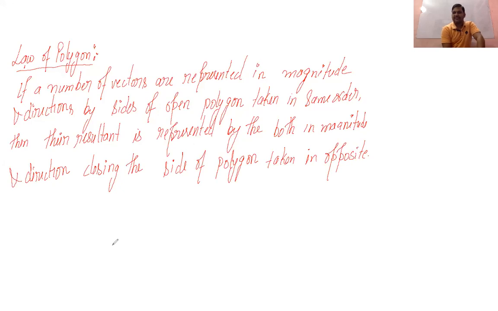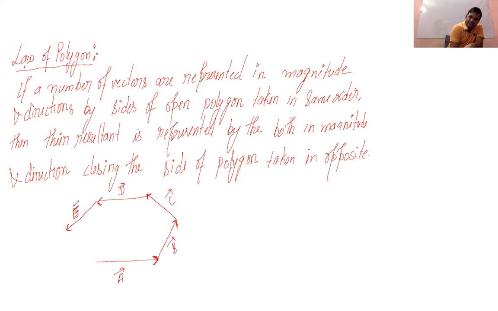Suppose there are a number of vectors. You can see like this: suppose this is one vector, marked as A vector, and there is another vector, which you are marking as B vector. Now there is another vector, this is your C vector, then D vector, and this is your E vector.